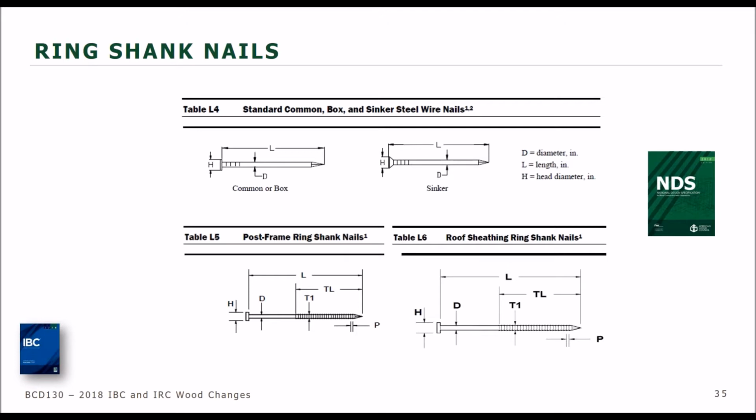The wind uplift related changes include fastener withdrawal and new fastener head pull-through design provisions. And thus the inclusion of roof sheathing ring shank nails and deformed shank nails that are now allowed or provided provisions within the NDS.